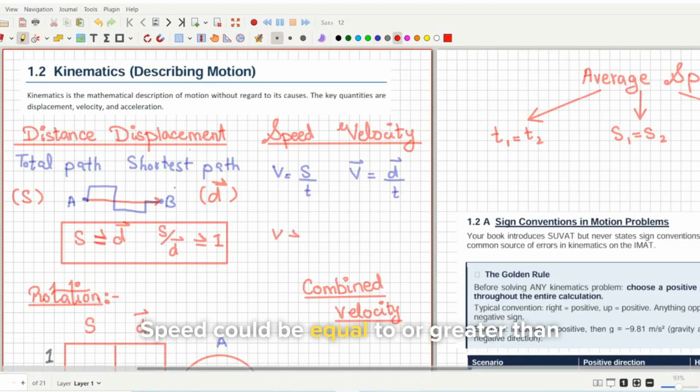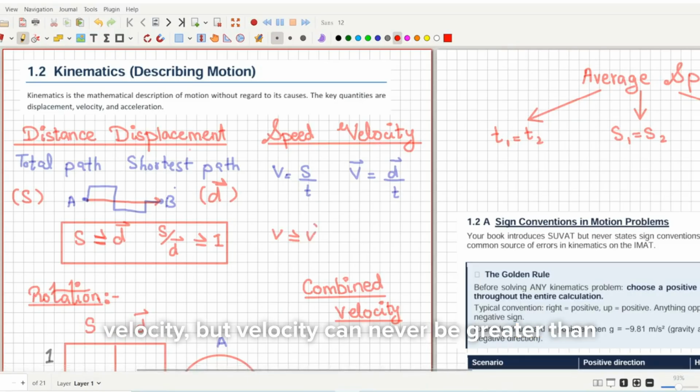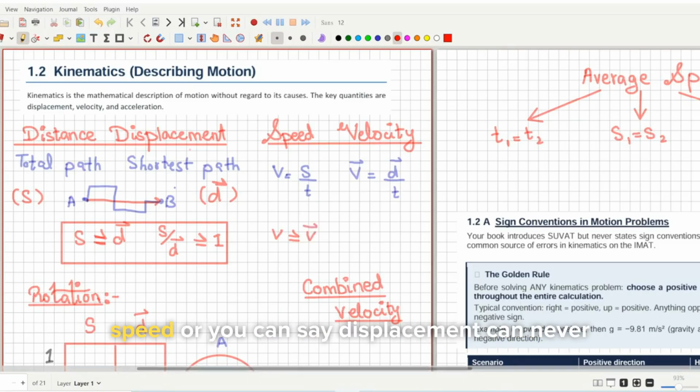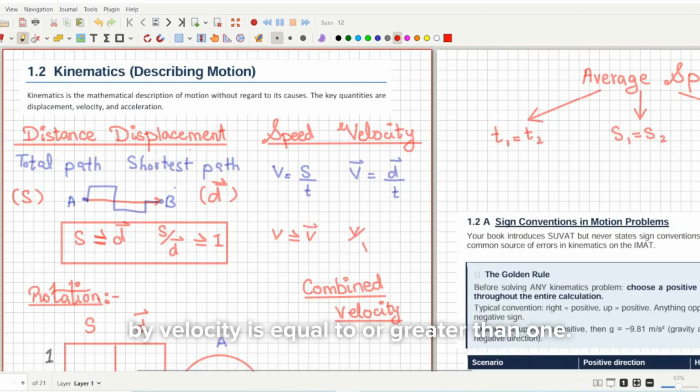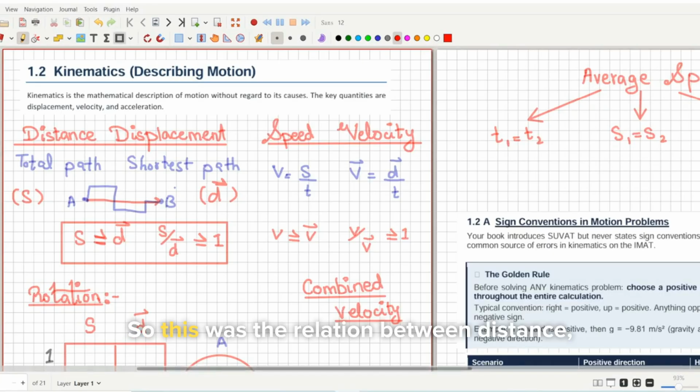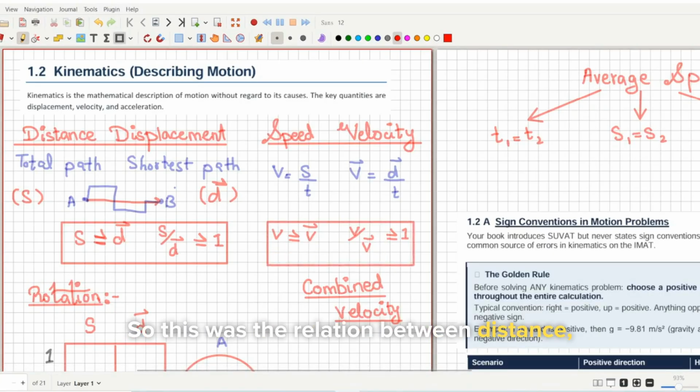Speed could be equal to or greater than velocity, but velocity can never be greater than speed, or you can say displacement can never be greater than distance. Similarly, you can write down speed divided by velocity is equal to or greater than 1. So this was the relation between distance, displacement, speed and velocity.